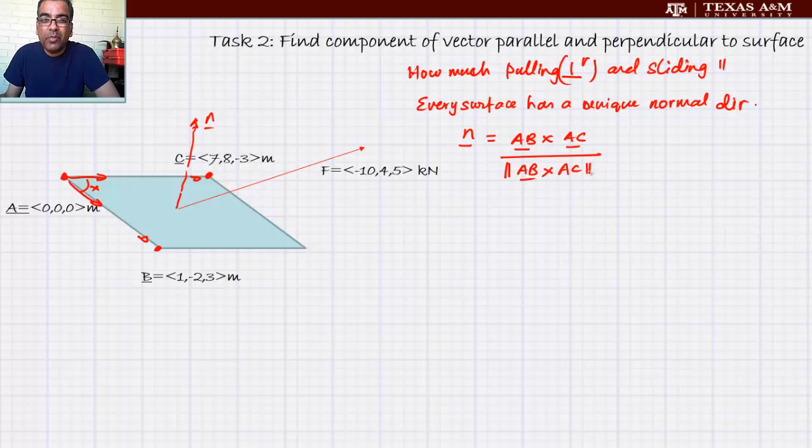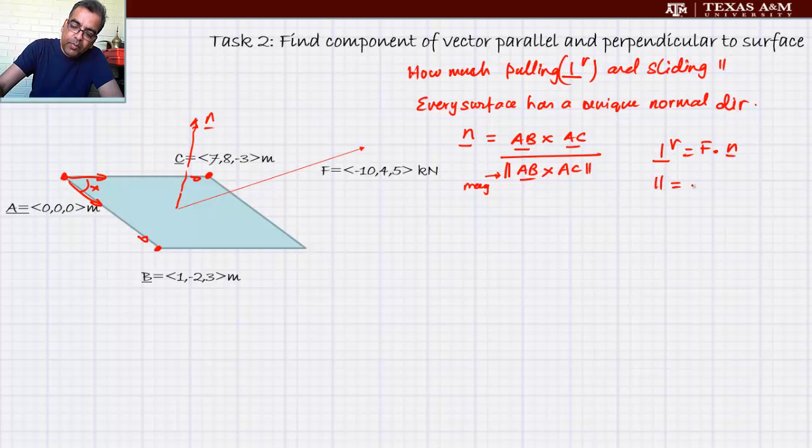Cross product, not multiplication, and this thing means magnitude. That's what you have to do. Once I know this, I can find the perpendicular component. Perpendicular component is F dot N. Parallel component is by Pythagoras theorem. That's the trick.